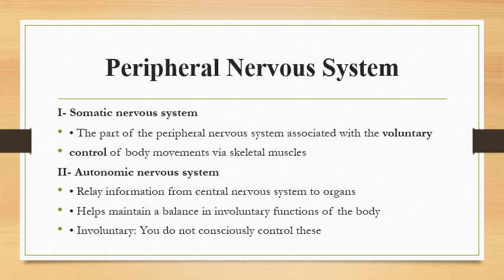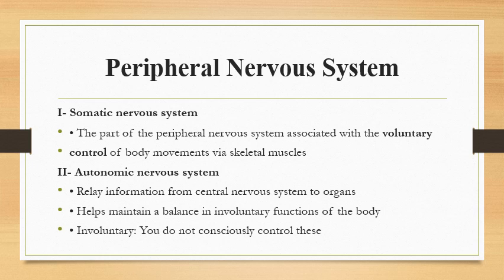Again, the peripheral nervous system is divided into two types: the somatic nervous system and the autonomic nervous system. The somatic nervous system is associated with voluntary movements of the body, controlled by skeletal muscles.